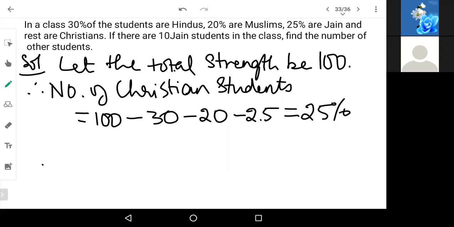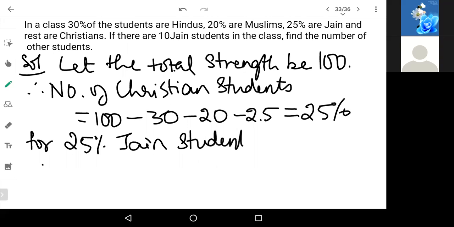Now that we know the total is 100 and the percentage of all of them, let us start calculating. Jain students are 25%. How many are there in the class? 10 of them. So for 25%, there are 10 people. Similarly, let us find out for 100% total strength.